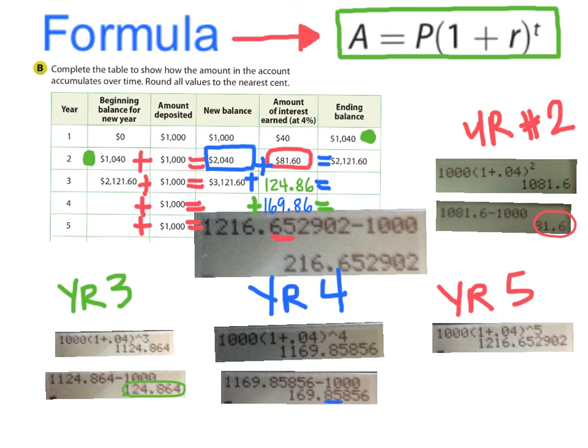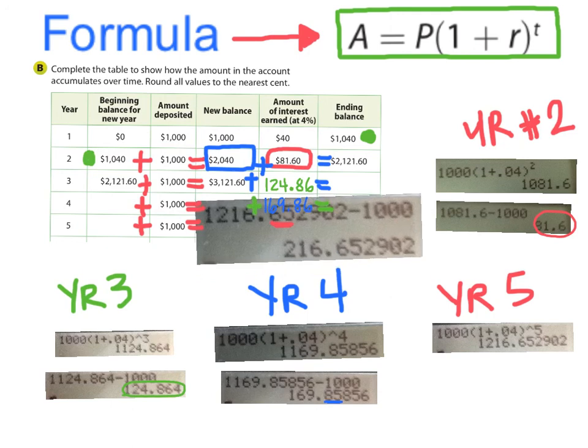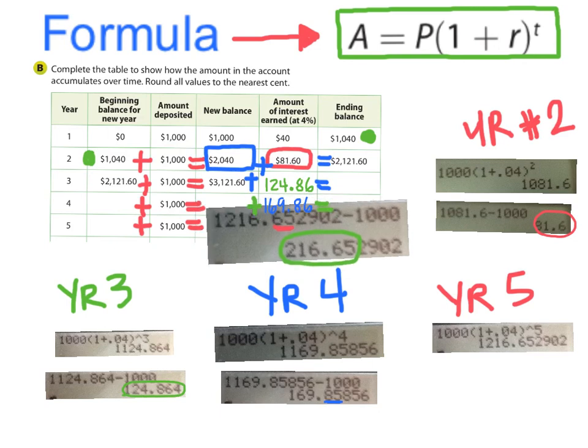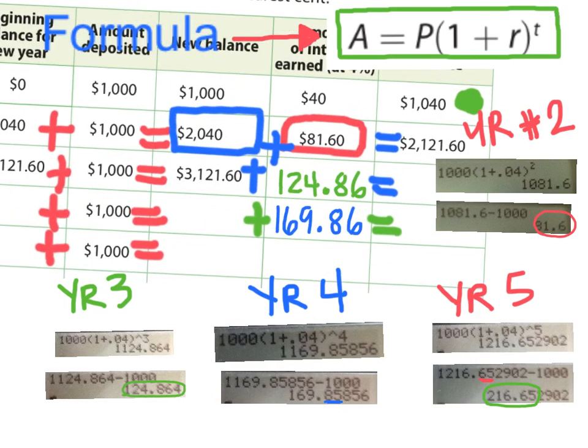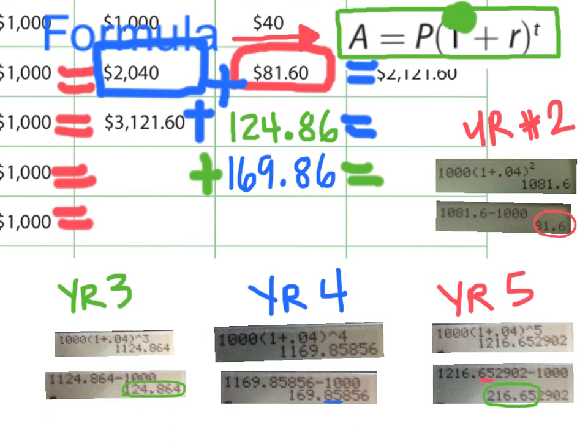What I have left over is the interest for this year, year 5. So, $216.65 because this third digit was a 2, which means I don't need to round up. I'm going to move this back down here under year 5. Going to make my chart a lot larger so I can write this in neatly. $216, and we're leaving it 65 cents.